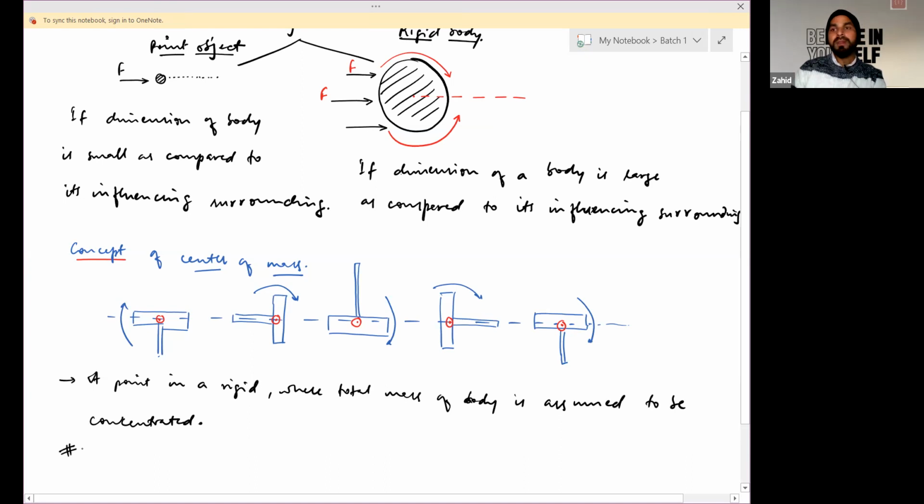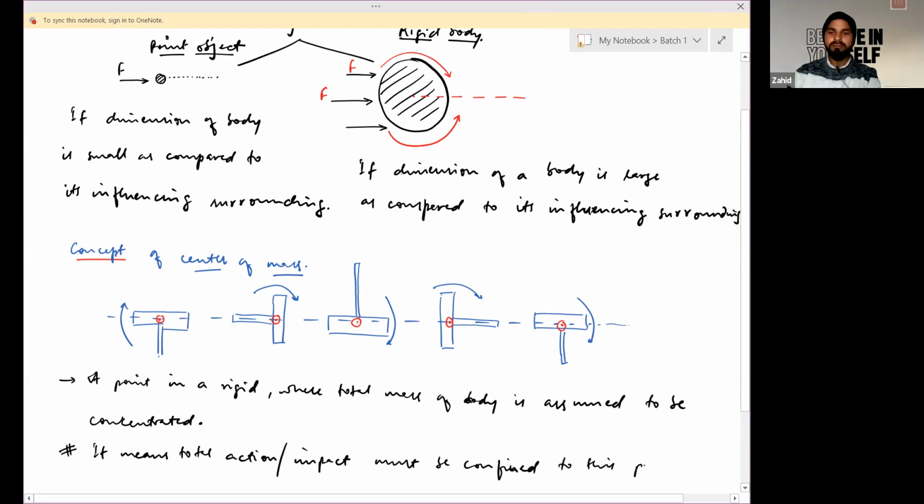It means the total impact of force and momentum must be confined at this point. Is it clear? Yes, sir. Okay, just write it down.